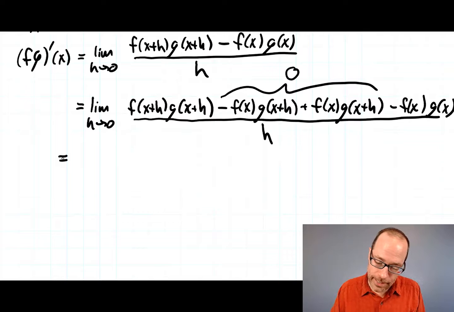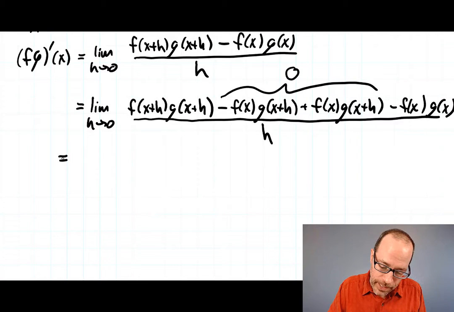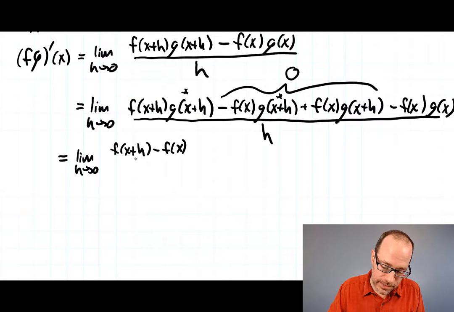You notice that we have like terms here, and so let's factor that out. So we'll have f of x plus h minus f of x all over h, and factor out the g of x plus h.